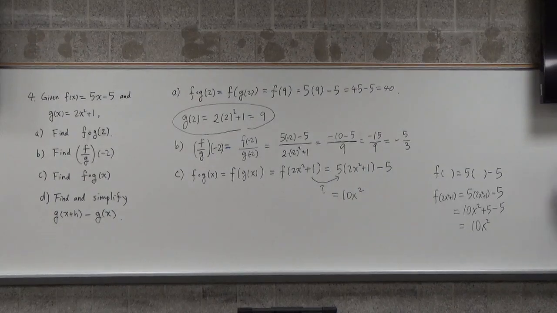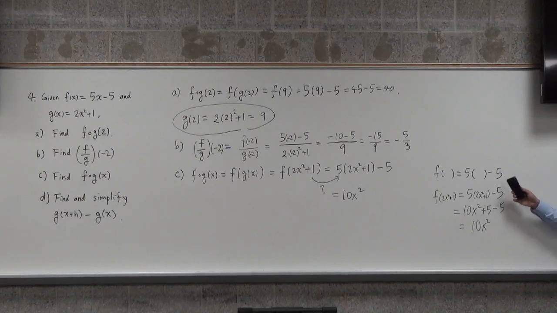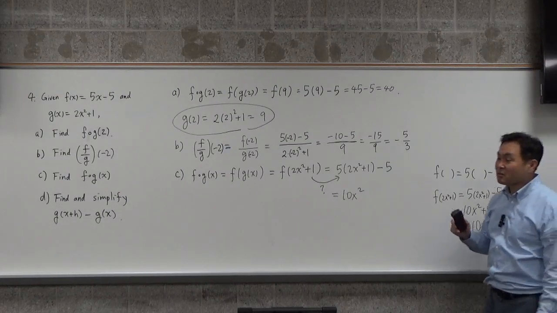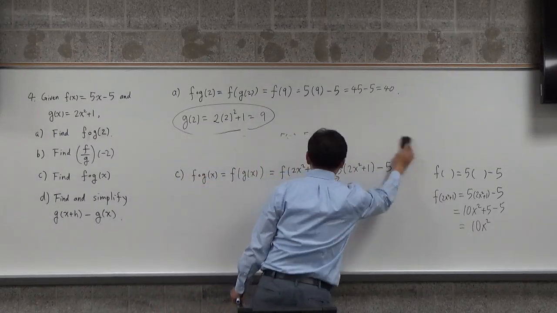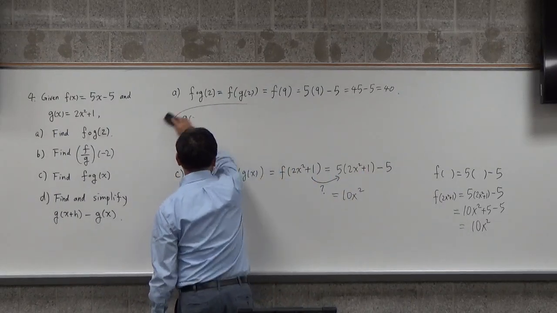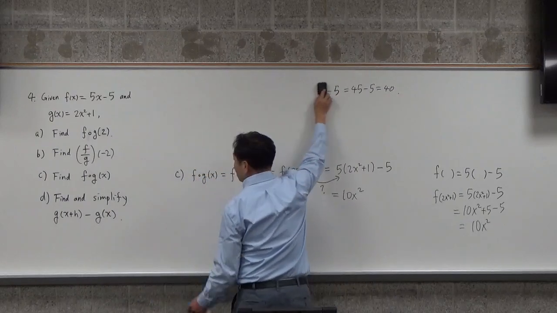I really need you to do 2 steps. If you want to avoid making mistakes, it's good to do these kinds of questions in 2 steps. Okay. Let me try to strengthen that point by doing question D.